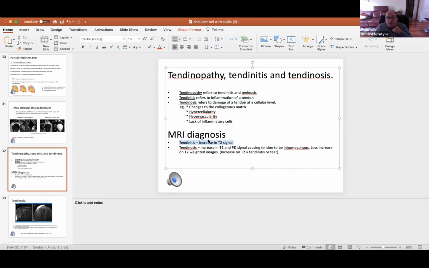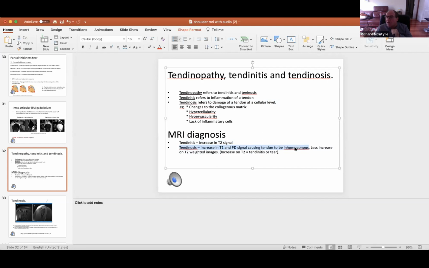I mentioned this briefly. Tendinitis involves fluid, so we're going to have an increase in T2 signal. Tendinosis doesn't necessarily involve fluid, it's more chronic. So we have an increase in T1 and proton density signal. In other words, the tendon is not homogeneous, it's not hypointense.